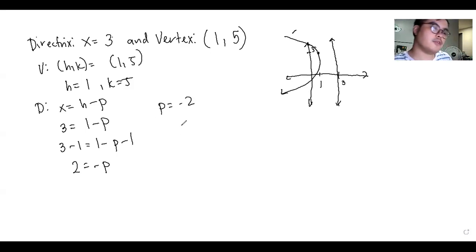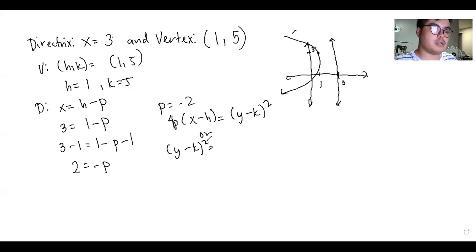So using the formula of the parabola na horizontal, so (y minus k) squared equals 4p times (x minus h).